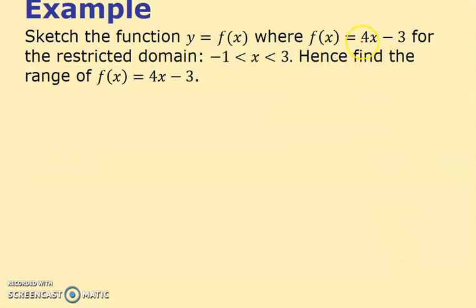Different function this time. This time it's actually a straight line graph. This is the straight line graph of y equals 4x - 3. Now the only difference on this though is it's got a restricted domain. So in the question they've said, hang on a bit, for some strange reason we're only going to let x be between -1 and 3.